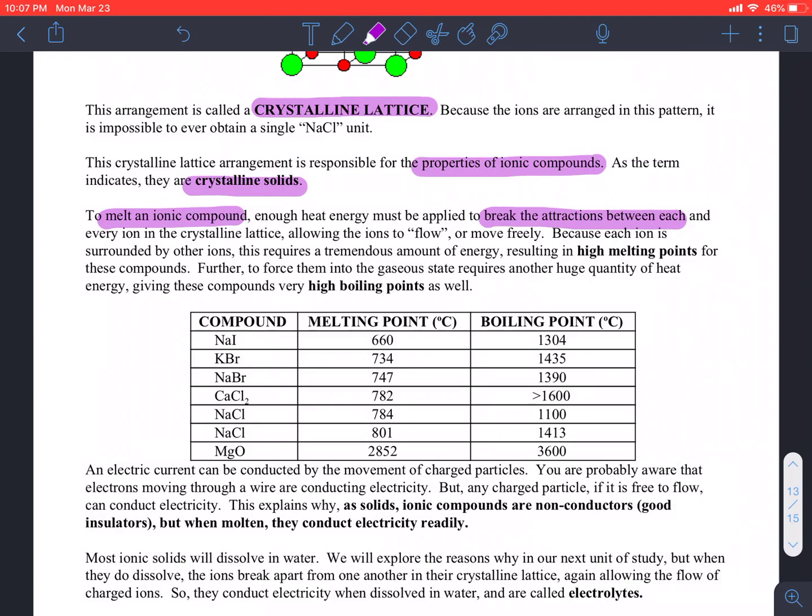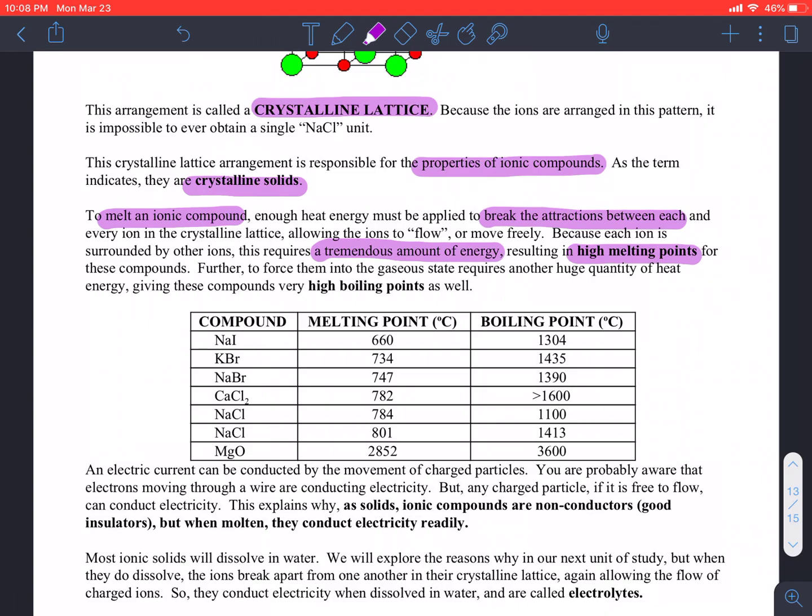Because each ion is surrounded by other ions, this requires a tremendous amount of energy, resulting in high melting points for these compounds. This is a property of ionic compounds because of the amount of energy it takes to break the attraction between a positive and a negative ion. Most crystalline structures, most ionic compounds have high melting points.